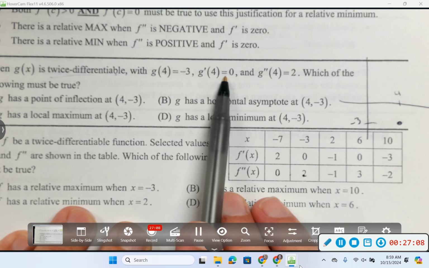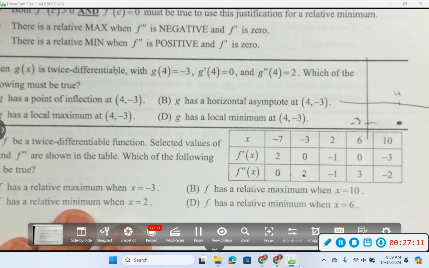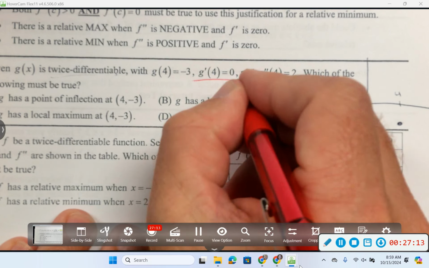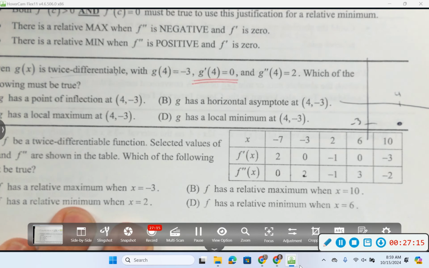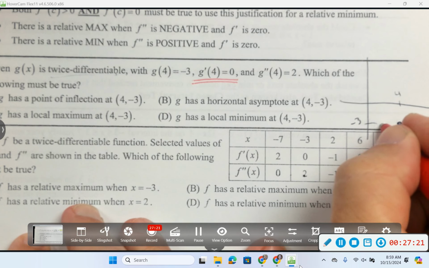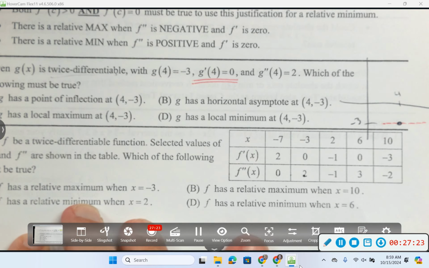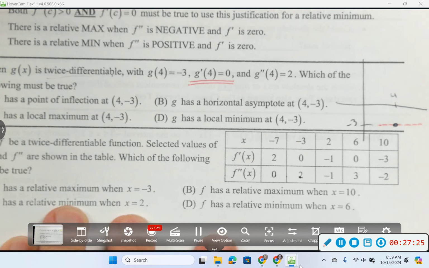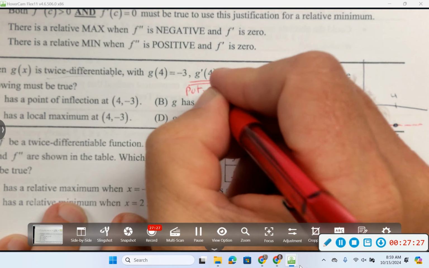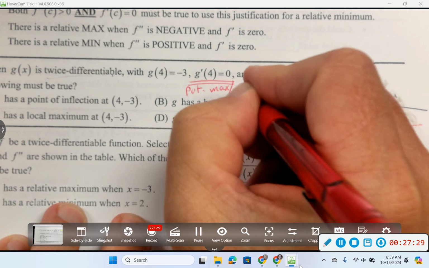What does that mean? What's that telling me? Potential max or min. The slope is 0. So I don't know what the graph is doing, but I know there's a horizontal tangent line there.